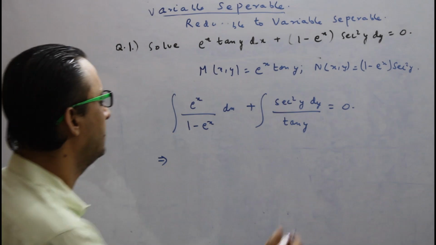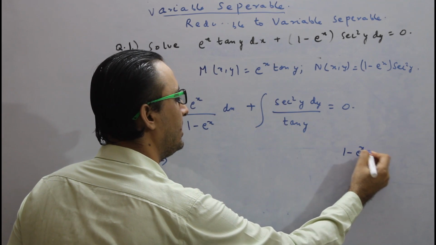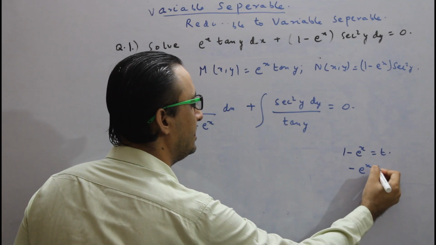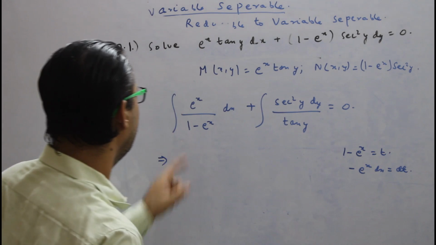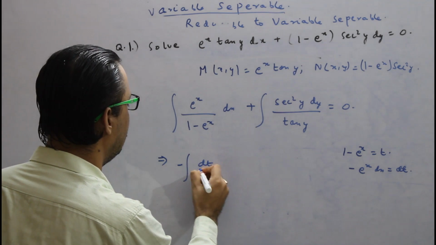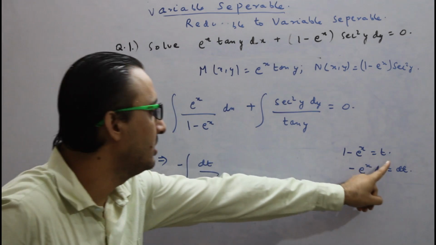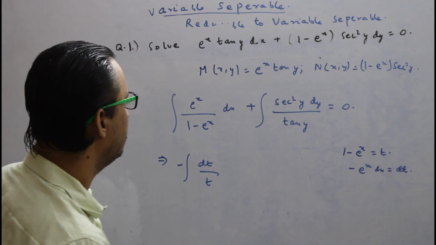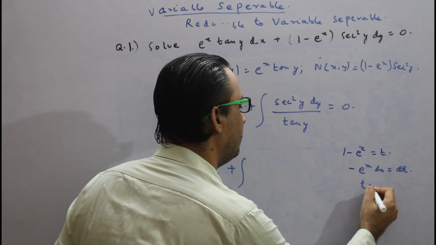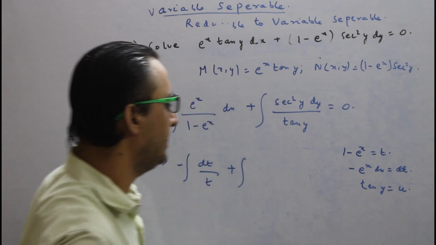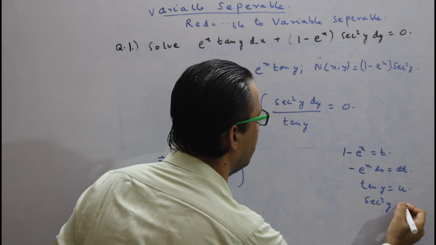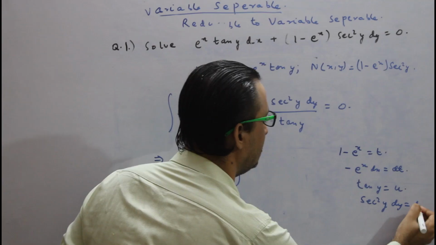If I write 1 minus e to the power x as t, its derivative is minus of e to the power x dx is equal to dt. So here I can write this e to the power x dx is equal to minus of dt, and in place of 1 minus e to the power x I will write t. Similarly, if I write tan y is equal to u, then the derivative of tan y is sec square y dy is equal to du.